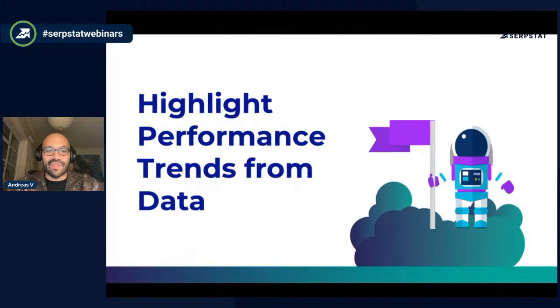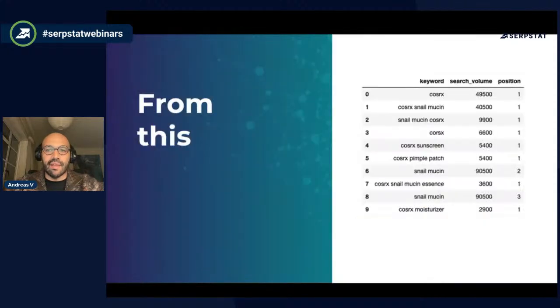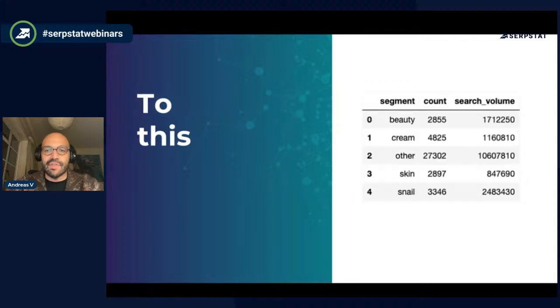So here we go. The reason why we want to cluster keywords is because we want to highlight performance trends from data. For example, if you were to get your data from Serpstat, you'll end up with a table with your keyword, your search volume, and your positions. So we want to go from this to this, where we can segment it into more labels, where we can actually get the summary information.